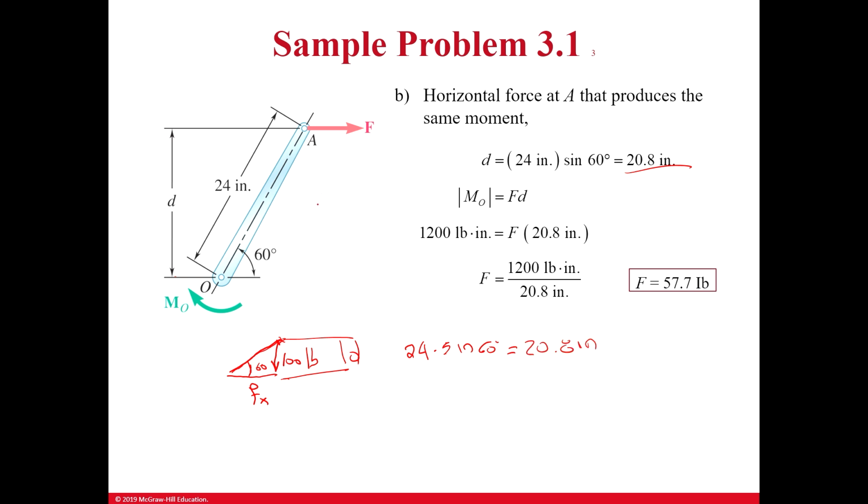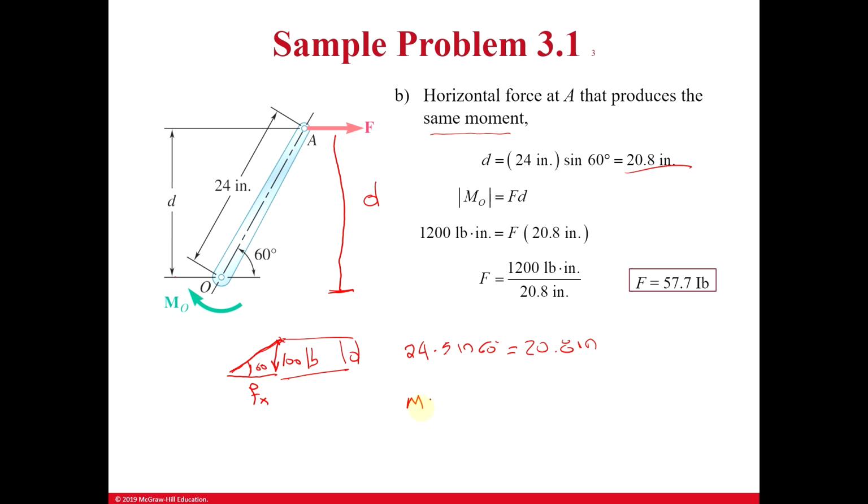Now that we have that distance, we simply apply the force and the distance gives us that moment. However, notice that we know the moment already. They're saying that same moment produces the force at A. So what is that force?